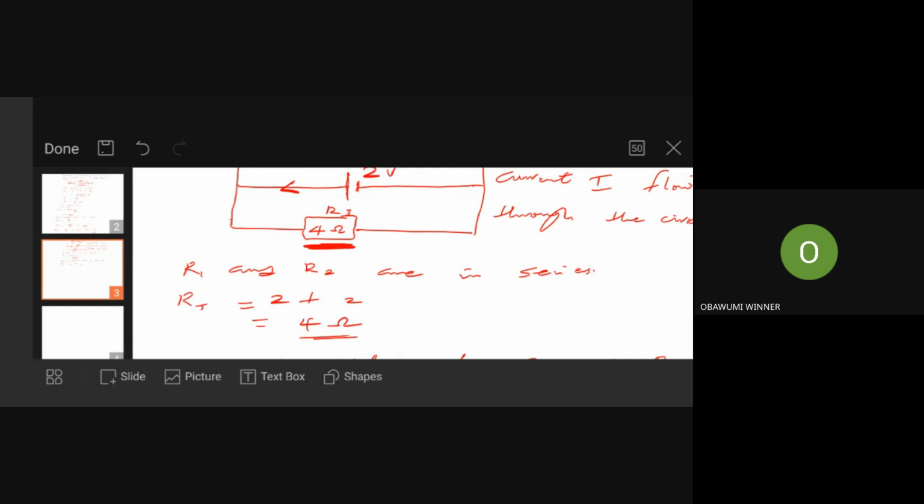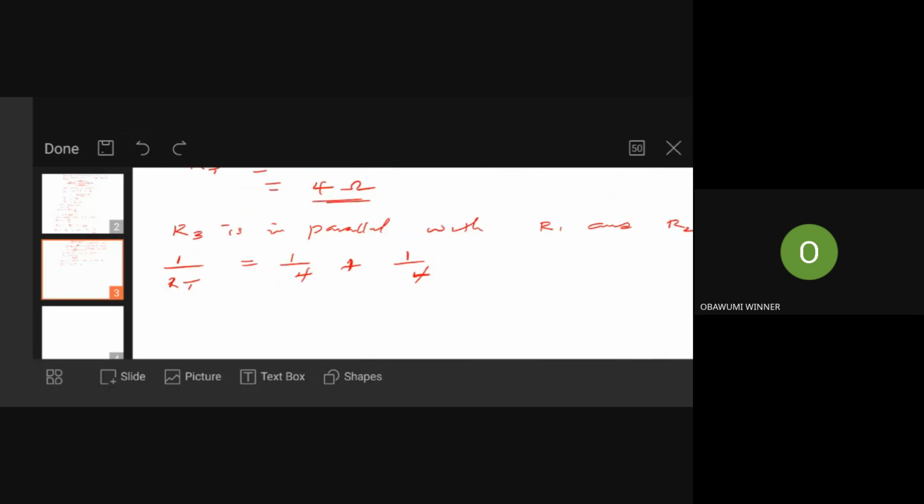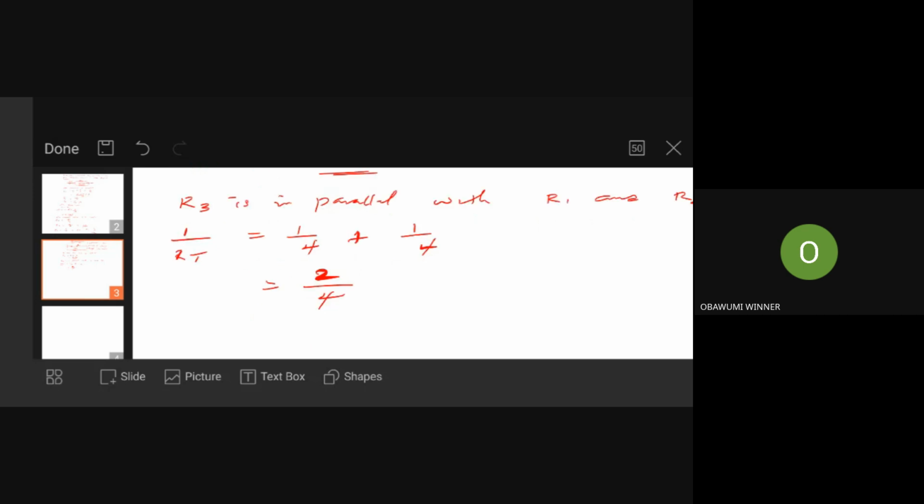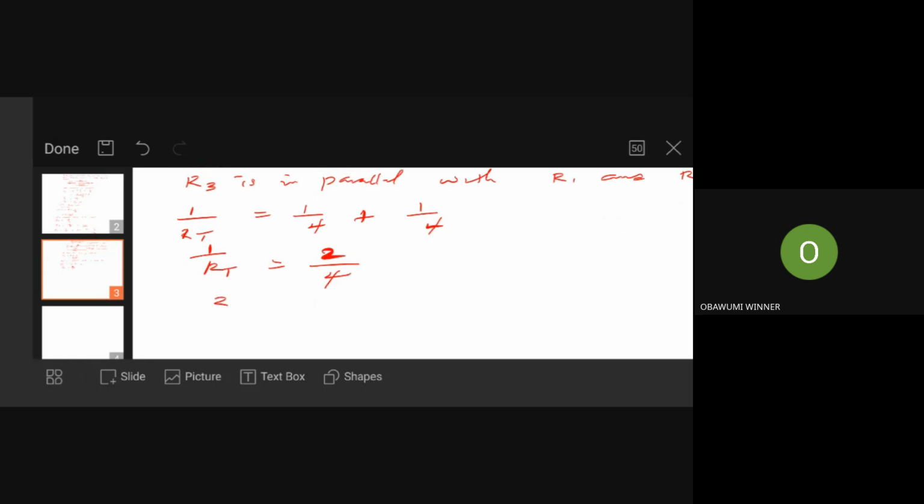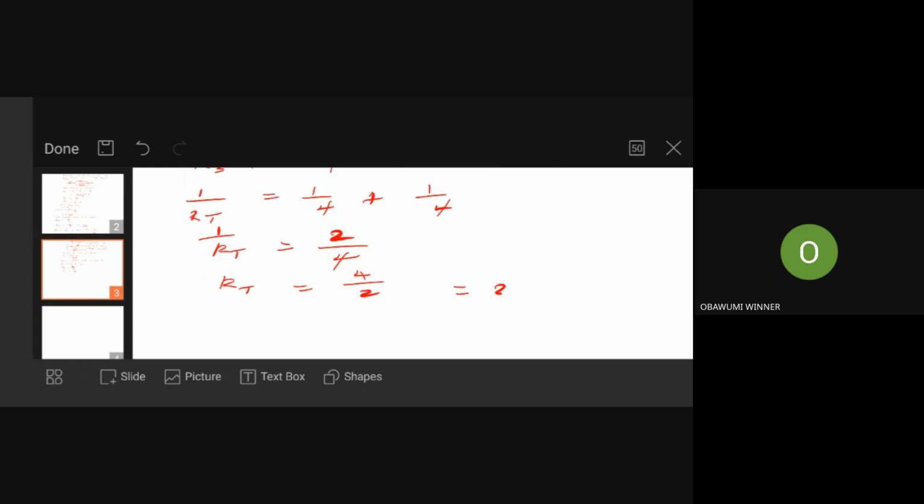Look at it. R3 has 4 ohms. And coincidentally, when we added R1 and R2, we also got 4 ohms. All right. So if I solve this, you can see that the denominators are the same. So we add up the numerators. 1 plus 1 will give us 2. And we have 2 over 4. So 1 over RT is actually 2 over 4. And if you take the inverse, our RT becomes 4 over 2. And then what is 4 over 2? That is actually 2 ohms. So the resistance of those resistors connected there is basically 2 ohms.